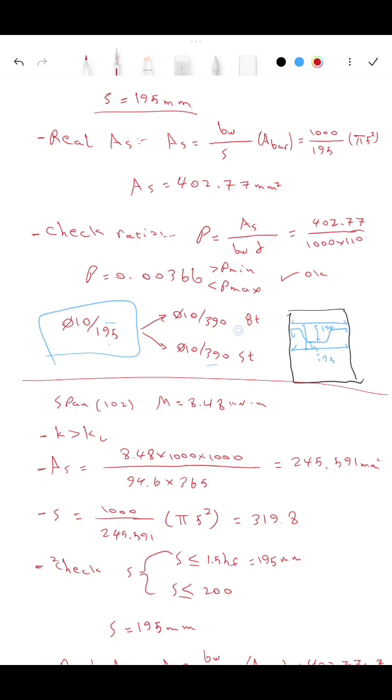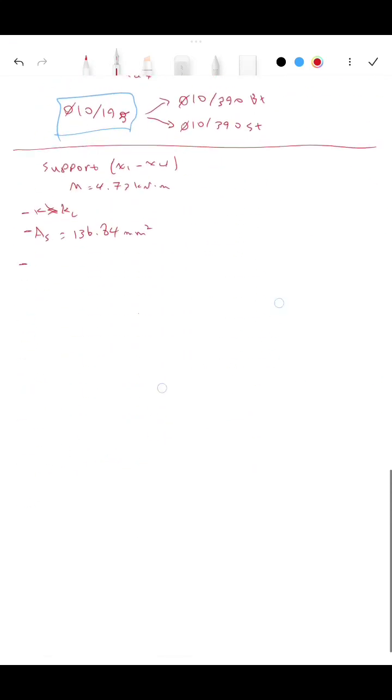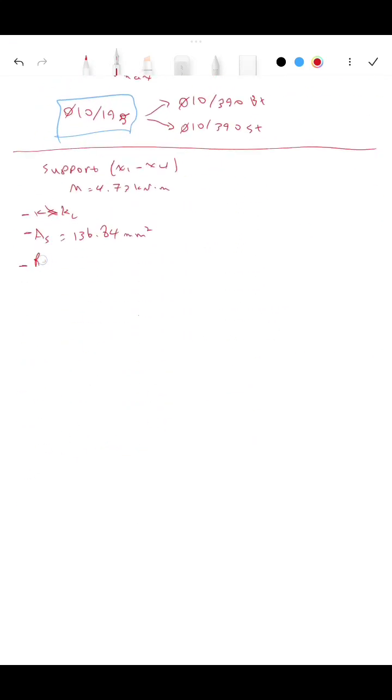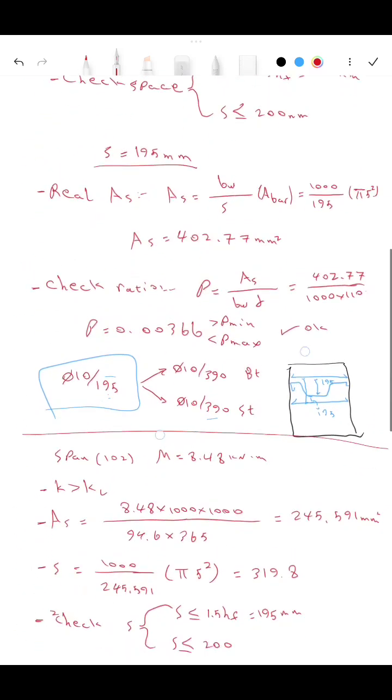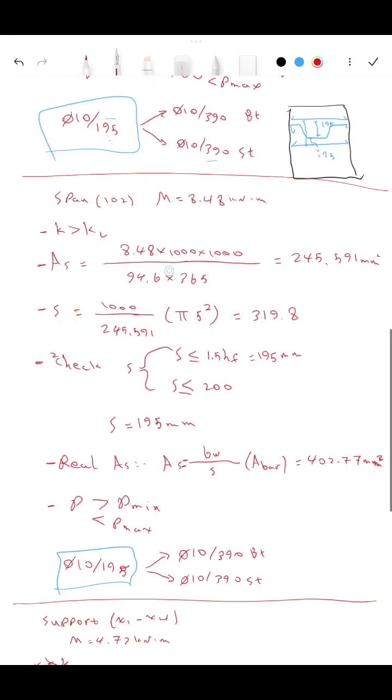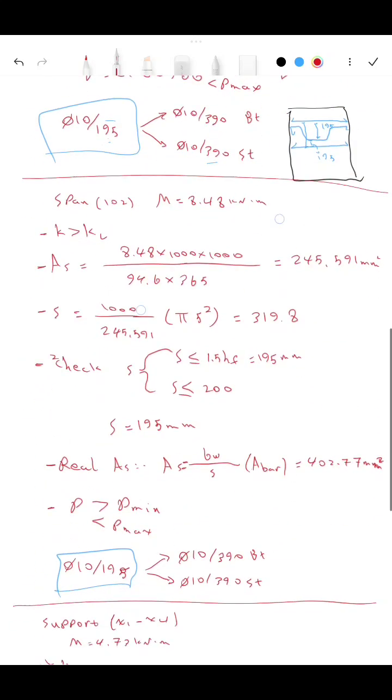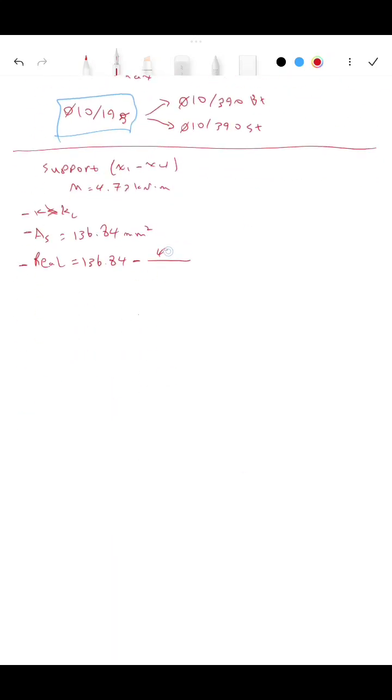The bent up bars are half of the area that we are using here, which is half of 402. So the real area of steel will equal the area of steel that we have, 136.84, minus half of 402.77.